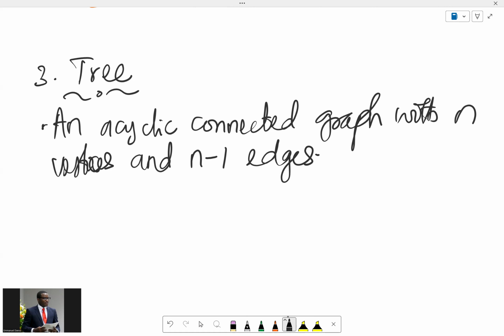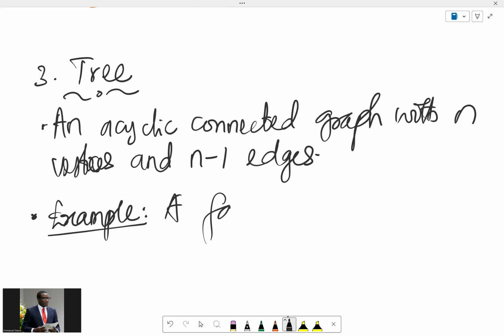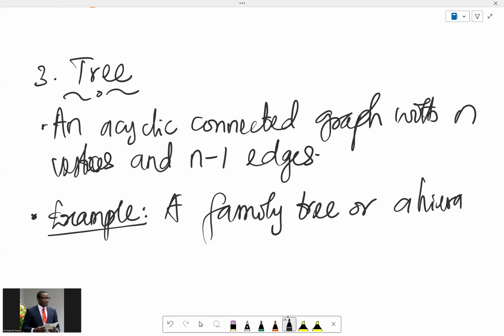That might look abstract, but you're going to have examples. A good example of this would simply be a family tree or a hierarchical file system.